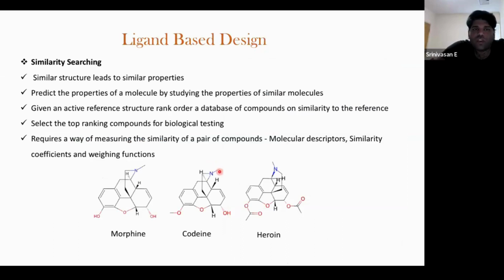Next we can go into ligand based drug design. In ligand based drug design, it's a very fascinating way to find molecules that are similar but don't have the same properties, and molecules that are dissimilar but have the same properties.